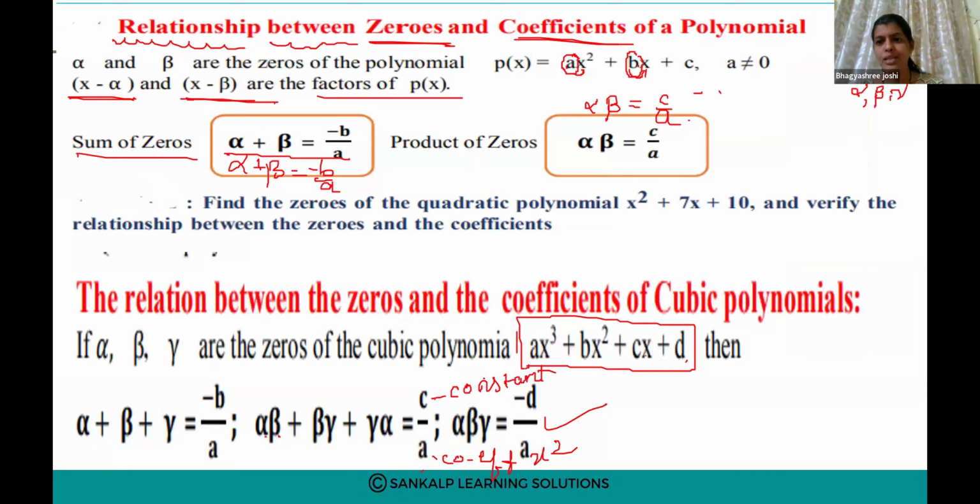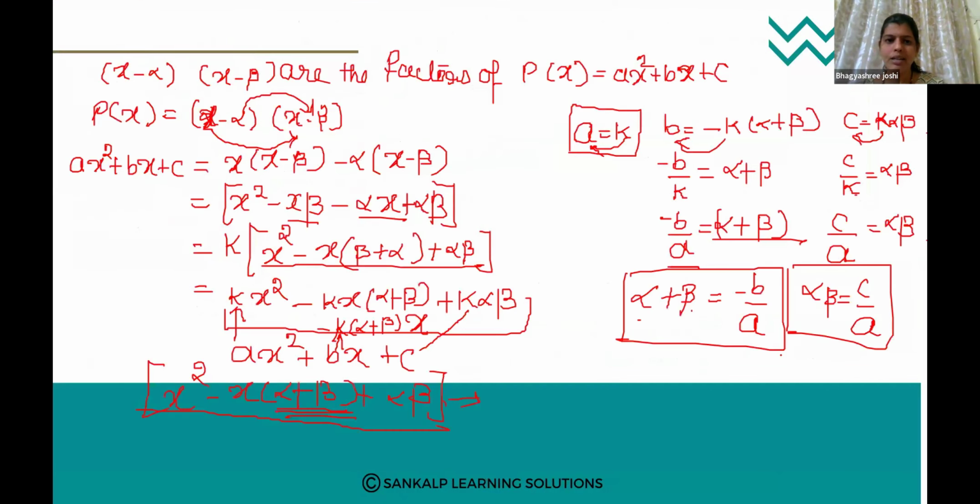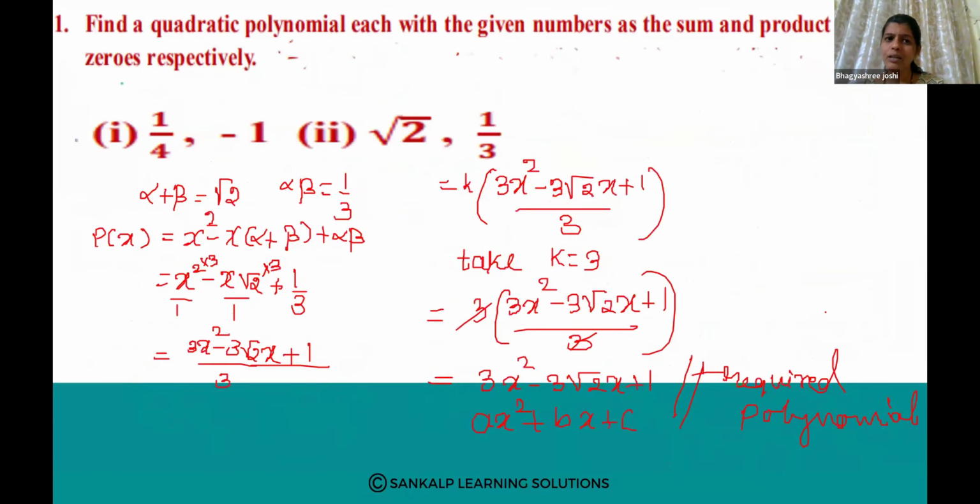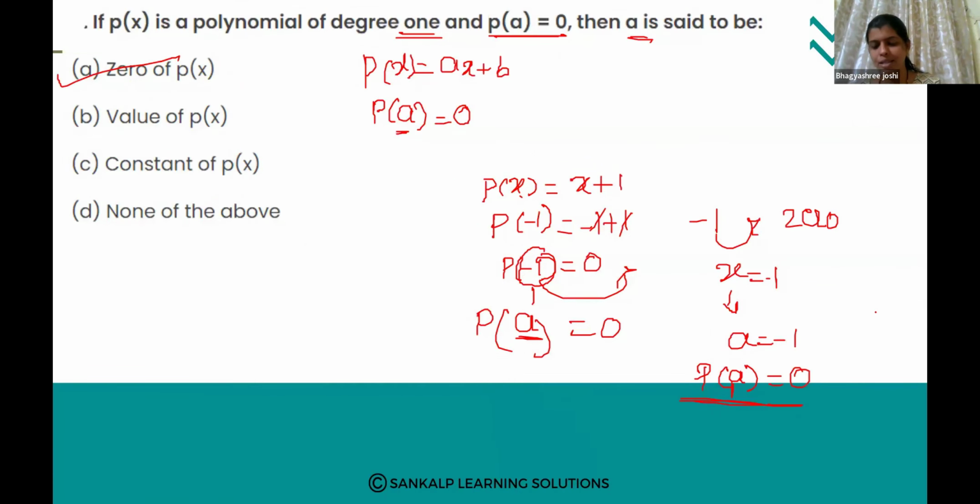Here we use sum of zeros alpha plus beta equal to minus b by a, and product of zeros alpha into beta equal to c by a, right? Next, when the sum and product are given, by using them we find the quadratic polynomial. Yes, this is also a very, very important concept. And next we have solved some MCQ questions. This completes your polynomial chapter. Easy, right? So, an easy and interesting chapter also.